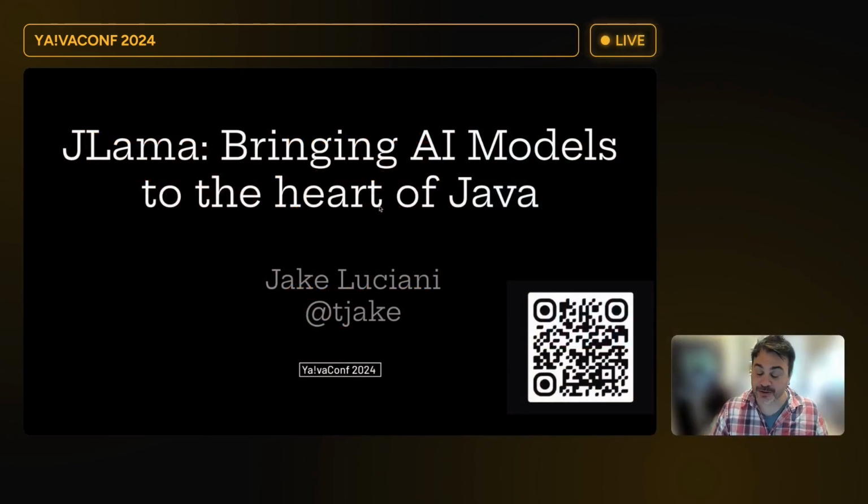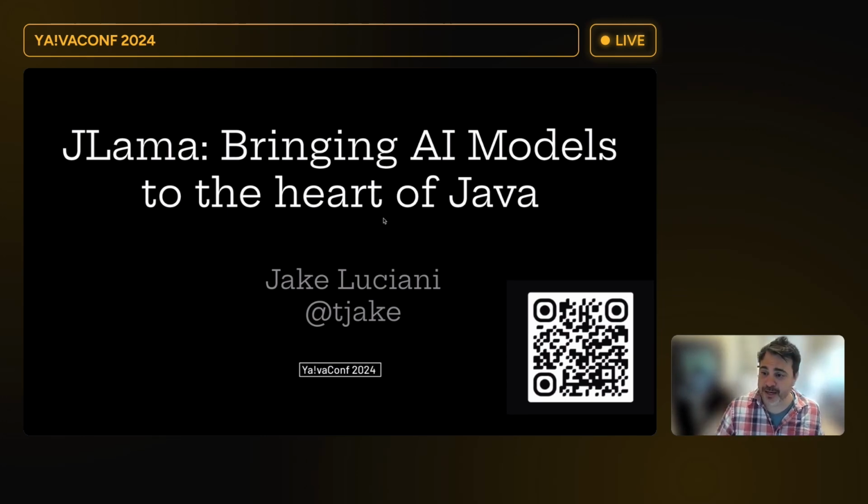Hi, I'm Jake Luciani. I'm a chief architect at DataStax, where I help build our Astra DB cloud database built on top of Apache Cassandra. Some of you may have seen Jonathan's talk a couple talks ago. We worked together, and I helped a bit on JVector.